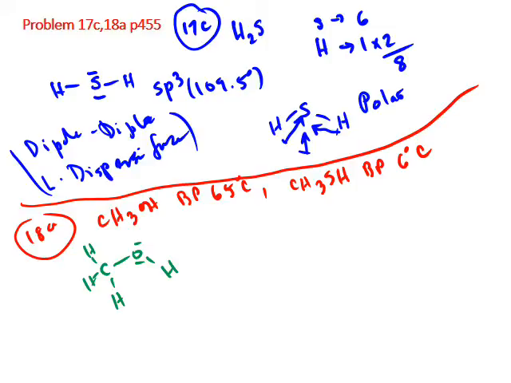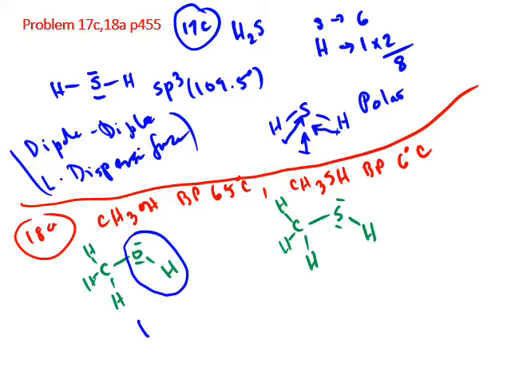Now for CH3SH, I can write down like this. CH, H, H. And then instead of oxygen, I have sulfur. Again, it's the same kind of angle. Now here, make sure we realize that in this particular compound, hydrogen is bonded to an electronegative oxygen.